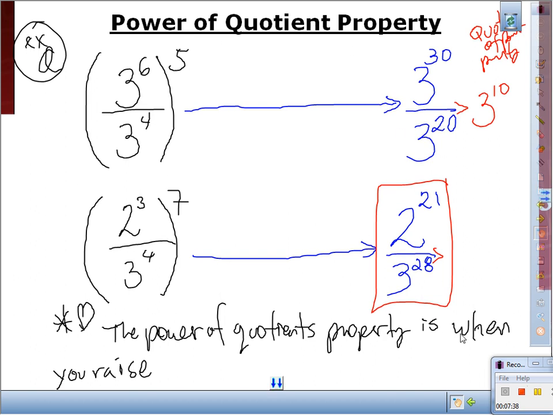The power of quotients property is when you raise, however, this has a particular name. Yeah, it is a fraction, but it has a particular name now that we're dealing with exponential expressions. What is the name of this, Hunter?